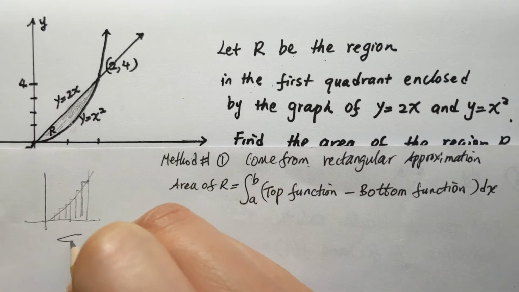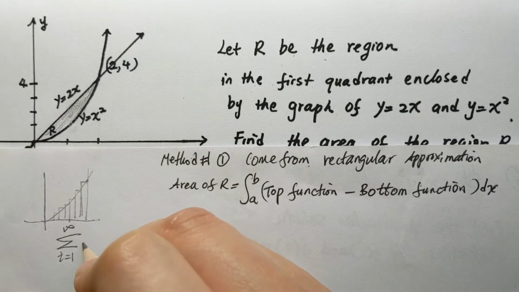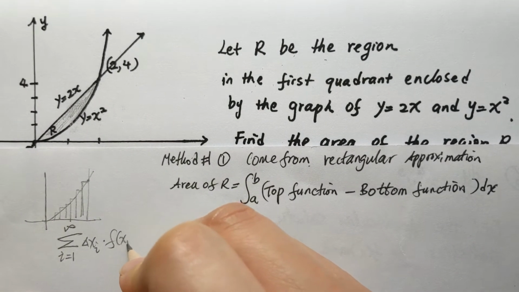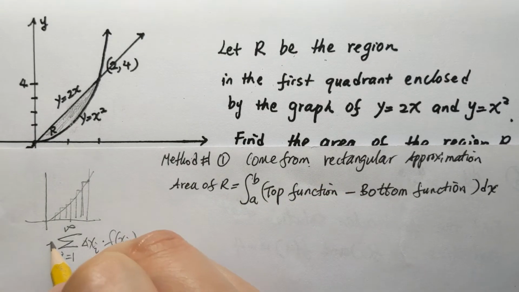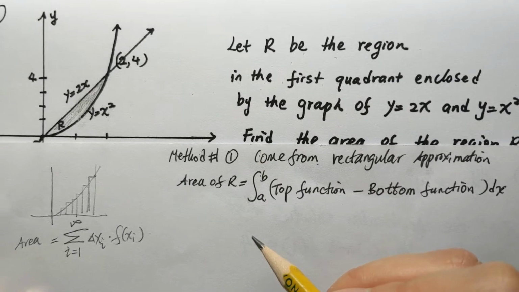So we state that the summation of delta x sub i times f of x sub i equals the area. We're going to use the same concept.